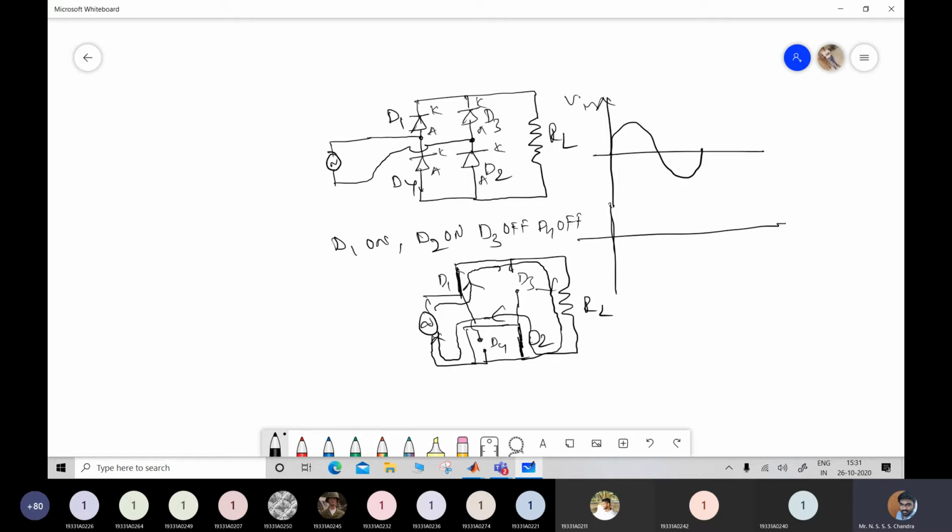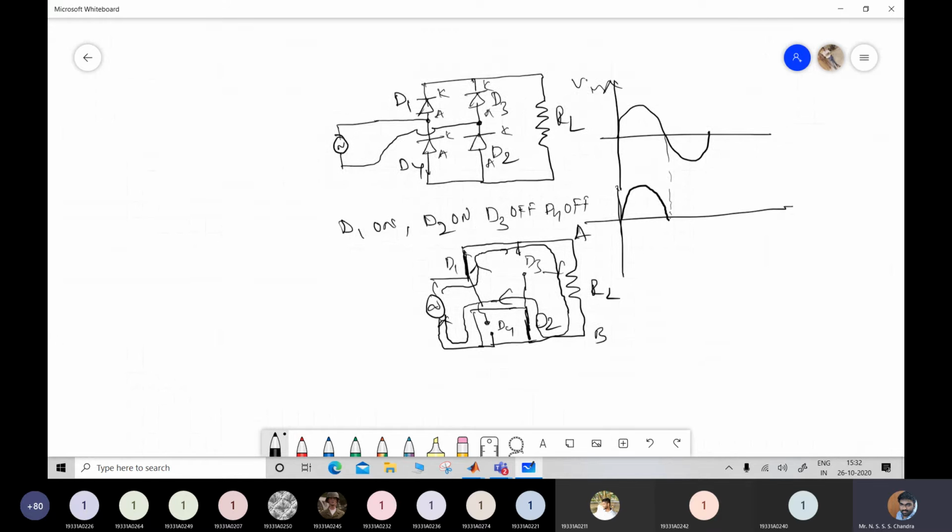This is how it completes one complete cycle. If you check the output voltage for the positive half cycle, your entire positive half cycle will be reflected in the output. Let us say that this terminal is A, this terminal is B. So current is flowing from A to B. Now this is for the positive half cycle.